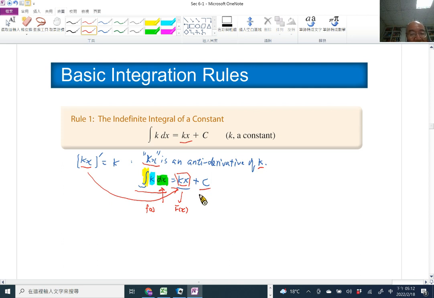That means the antiderivative for a constant is actually the constant times x plus some unknown constant c.